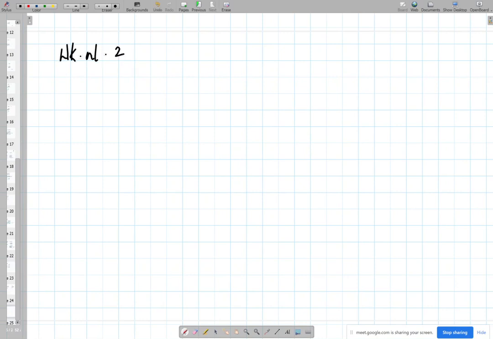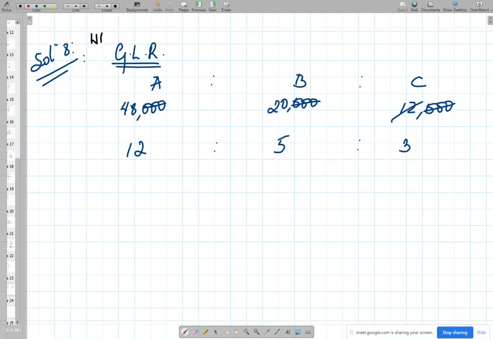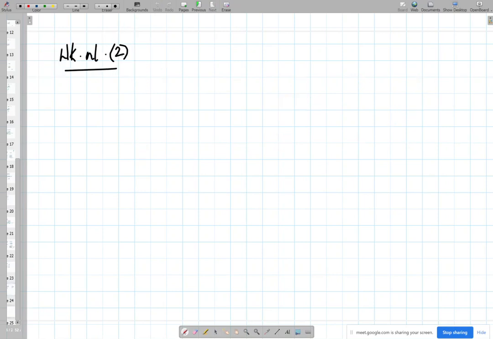Working note 2, this one was working note 1. For unmarked applications, this calculation will be slightly different now.